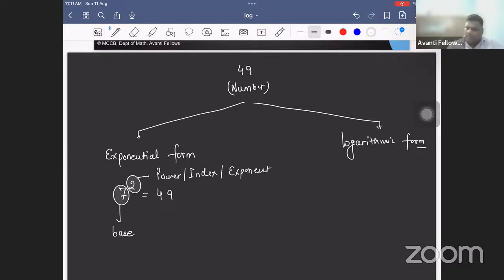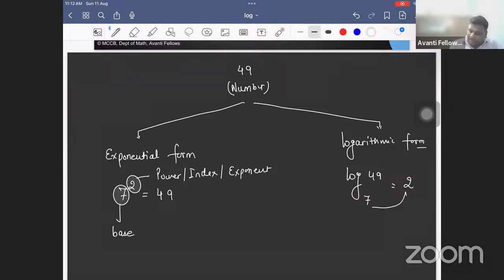Now, how can we write it in logarithmic form? Log 49 base 7. What should be the power of 7 to make it 49? That will be your answer. Again, I repeat, what should be the power of 7 to make it 49? It will be 2.